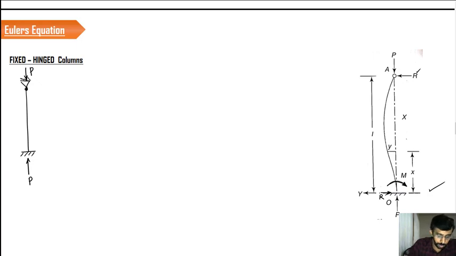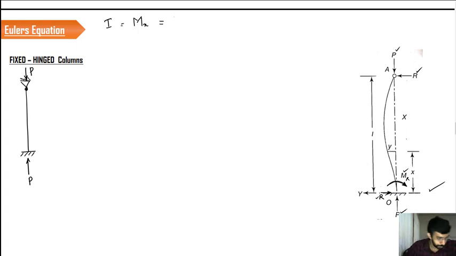Now the question is, what is the first step we have to follow, which is nothing but the moment about X. What is that value? You have to consider the moment about P, the moment about R, and the moment M also. So these are the reactive moments.